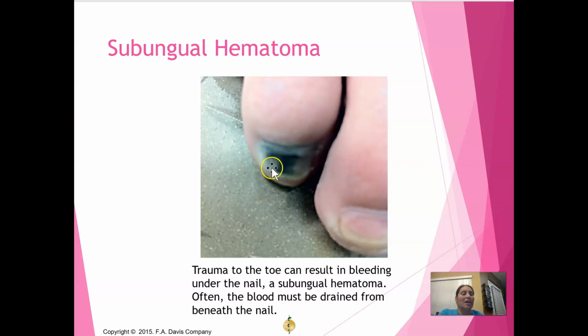You'll have bleeding under the nail. If the patient comes to me within a day or two, we can lance it, which is basically draining the blood from beneath the nail, depending on where it's at. This one is the whole nail bed, where you might be able to lance it underneath the nail. We also have disposable cautery pins, where basically it's a hot needle and we're just tapping it on the nail bed.